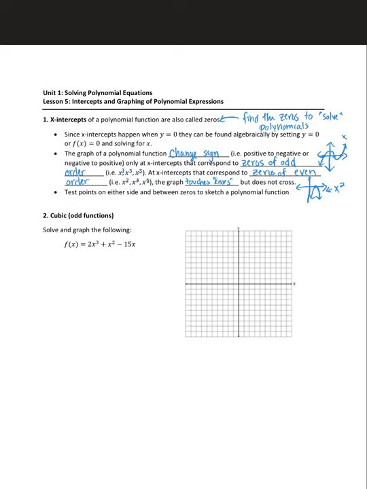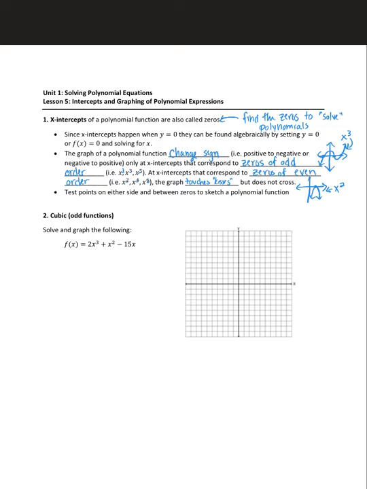So this would be an x cubed kind of function. We're going to look at some examples of this. Once we identify the zeros, we can plot those zeros, but then we might need to test points on either side and between the zeros to do a rough sketch of a polynomial function.